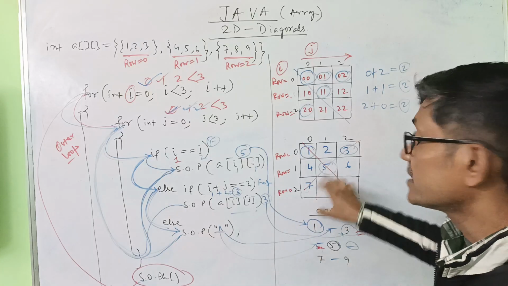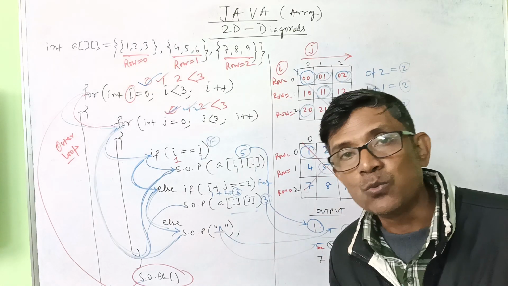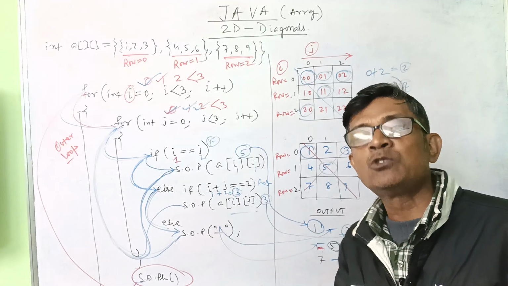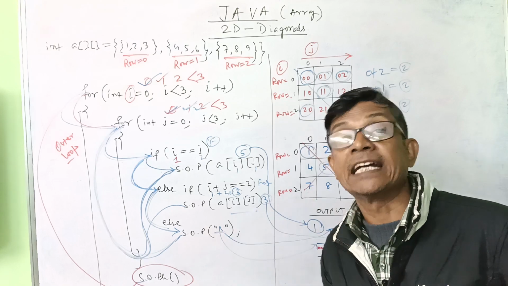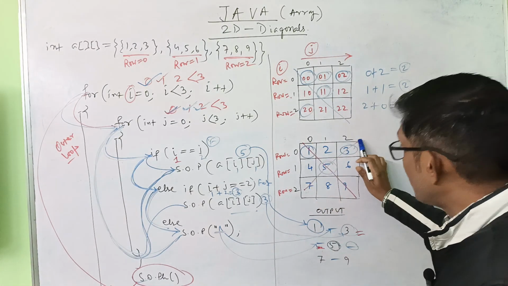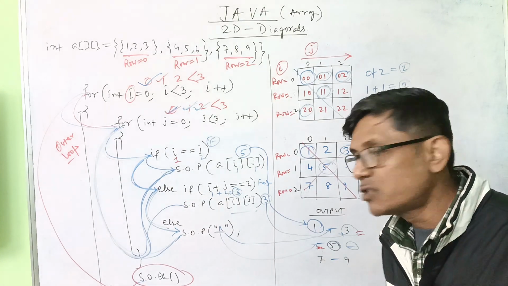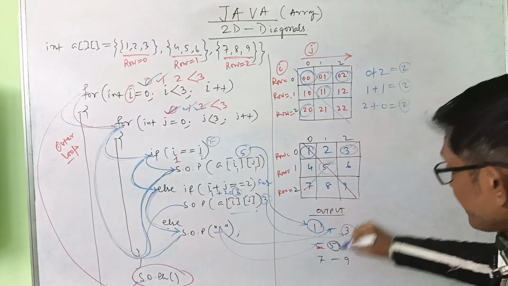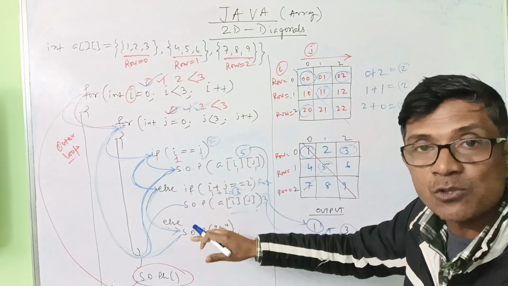If you want to catch both the diagonals, or if you do not want to print but just want to show the sum of diagonals, one sum of this, again a sum of this, then what to do I'll show you on the computer. But to print exactly how I have written, we have to write this code.